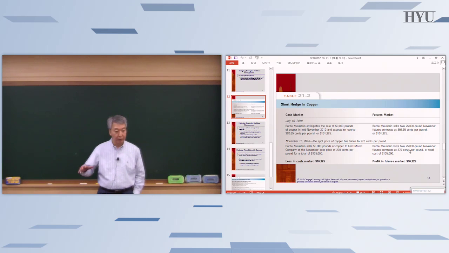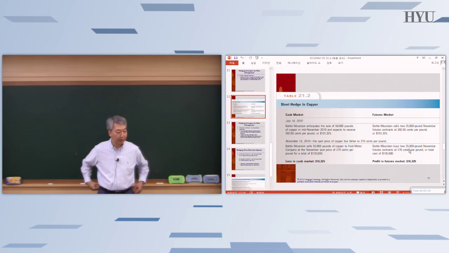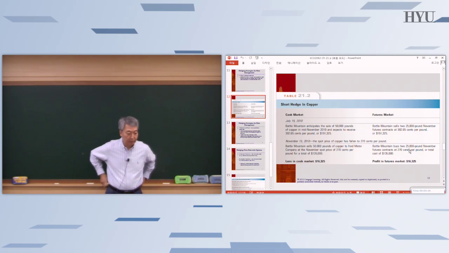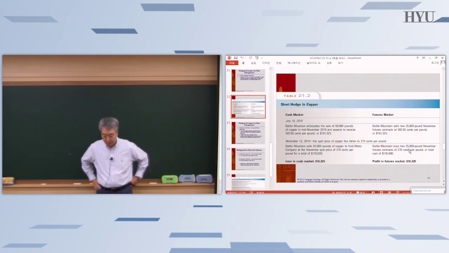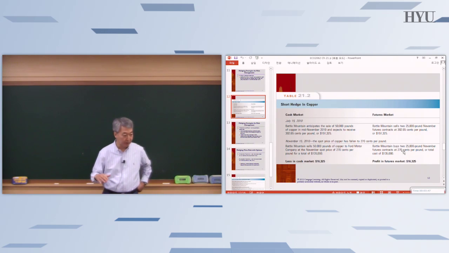Again, when the maturity comes, when the expiration date comes, then the future price will be exactly the same as the spot price. Strike price will be almost identical to a spot price, right? So if the spot price is 270 cents, then the future price will go down to 270 cents, okay?